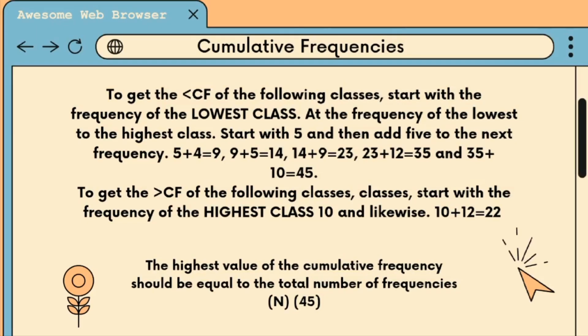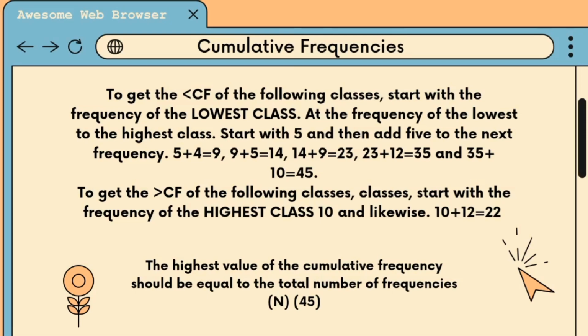Cumulative frequencies. To get the less than cumulative frequencies of the classes, start with the frequency of the lowest class and add the frequencies from the lowest to the highest class. Start with 5, then add 4, 9; 9 plus 5, 14; 14 plus 9, 23; 23 plus 12, 35; and 35 plus 10, 45.